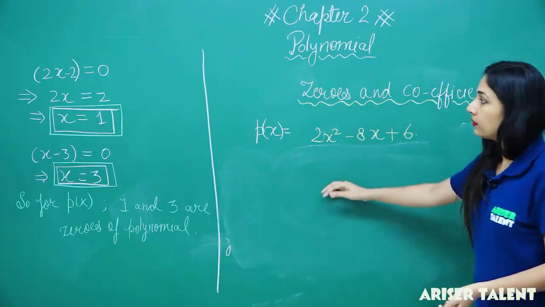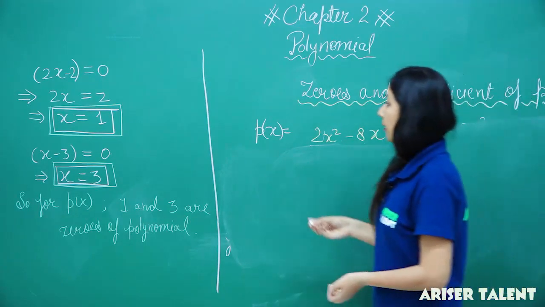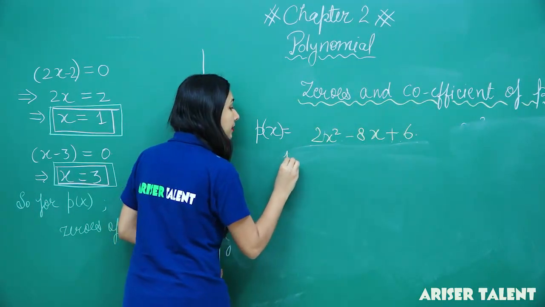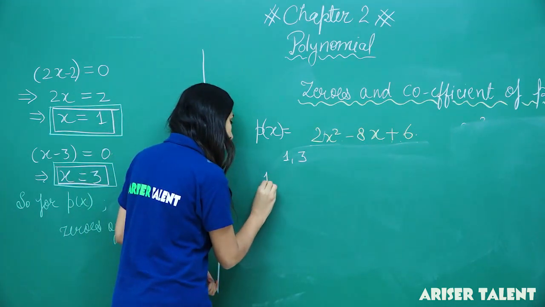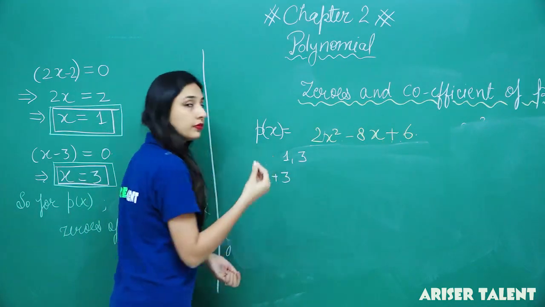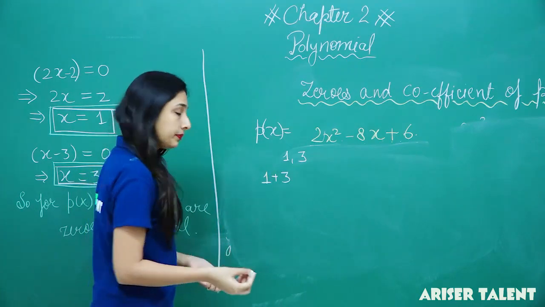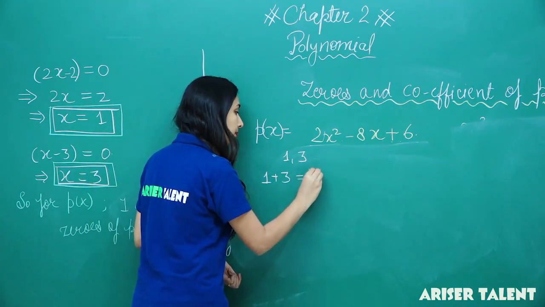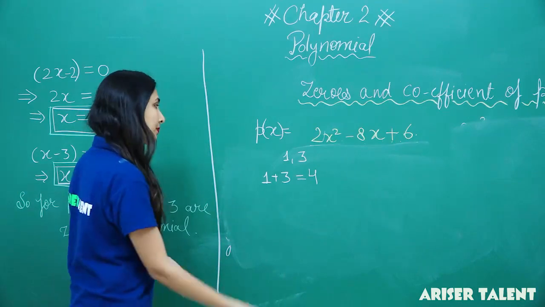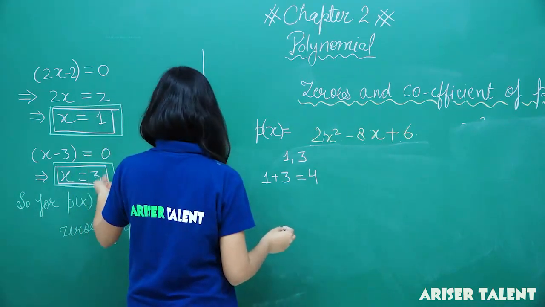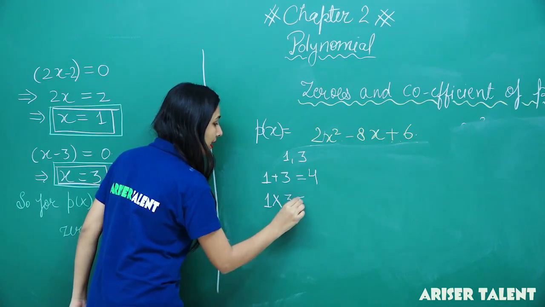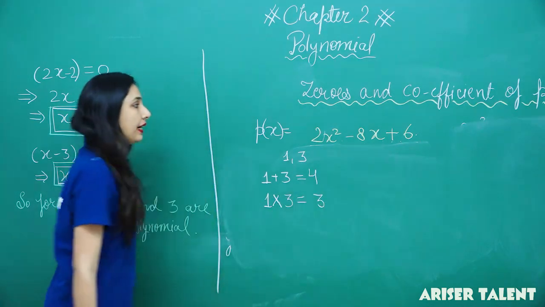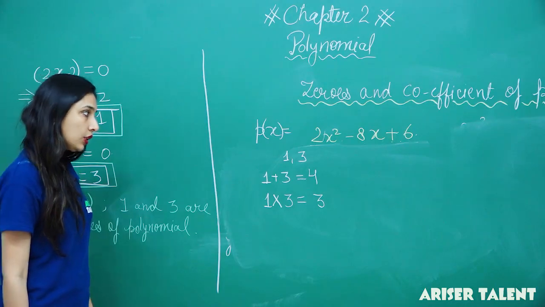Now, look here, the zeros of the polynomial are 1 and 3. Now add these two, 1 plus 3, that will be equal to 4. Now multiply these two, 1 multiplied by 3, that will be equal to 3.